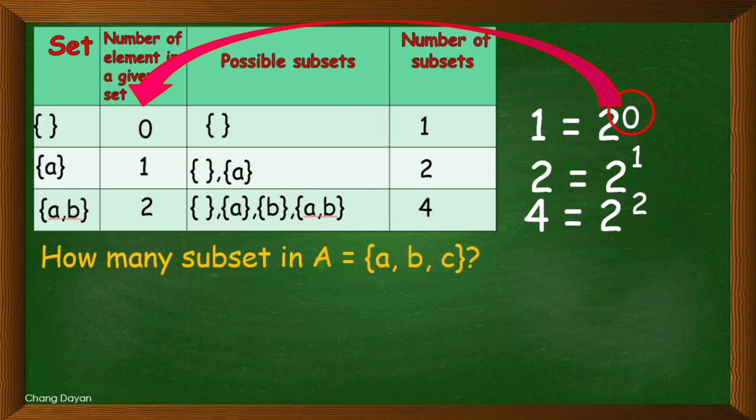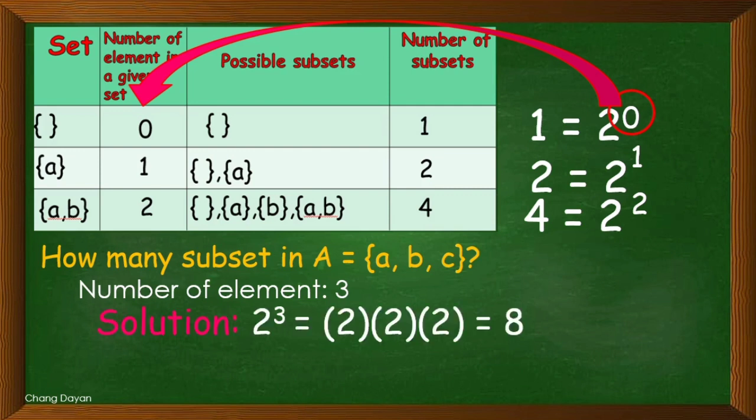Now, let us have this example. How many subsets in A consist of A, B, C? So, una natin gagawin dito ay bilangin ang number of elements. So, here we have 3. A, B, and C only. And we have the solution, 2 raised to 3.